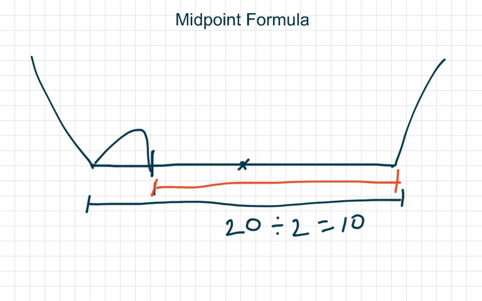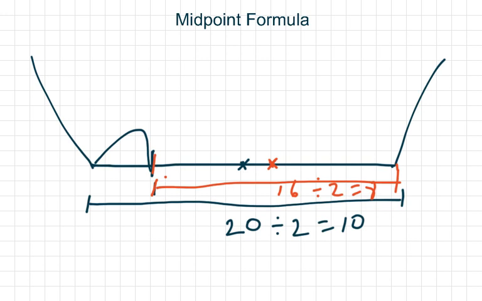You would probably remeasure and say, well, from here to here is now 16, and you would divide that by 2, and you would go in 8 feet. So you say, okay, my new midpoint is right here. If we were doing this at home, that's how you would do it.